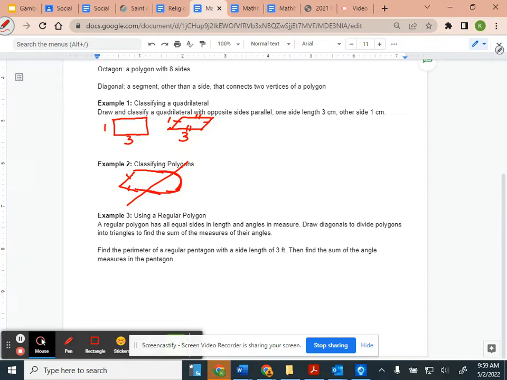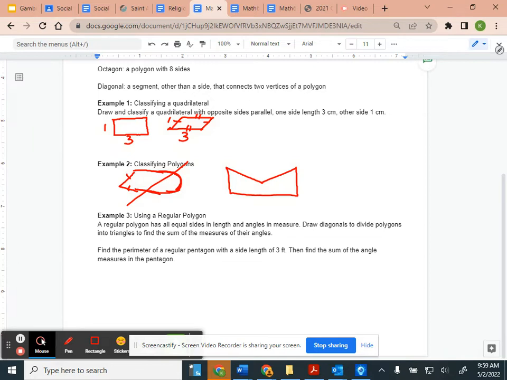What about this? Is that a polygon? Thumbs up, thumbs down. What type of polygon is it? Is there endpoints that they're all connecting? Yes, so there are endpoints. All the line segments are connected at endpoints, so it is a polygon.